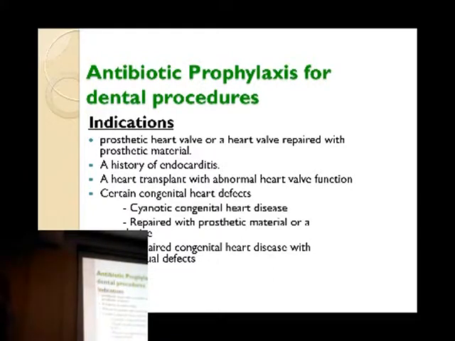If there is a prosthetic valve or heart valve repaired with any prosthetic material, if a patient has a previous infective endocarditis history, if a patient has had a heart transplantation with an abnormal valve, or if a patient has any congenital heart defect under the category of cyanotic congenital heart disease, or any heart defect repaired with prosthetic material, or a patient has had a cardiac device placed, and previously repaired heart disease with known continuing abnormality.